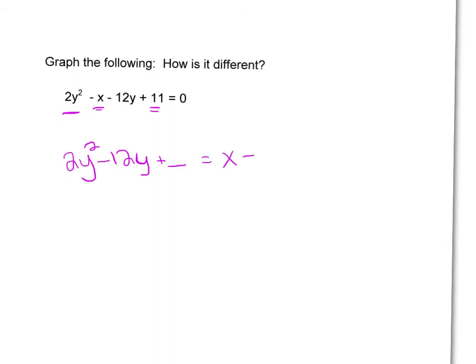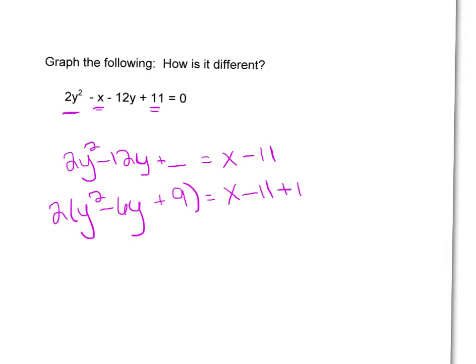So it will become positive x, negative 11. Factor out my 2, y squared minus 6y, plus half of 6 is 3, squared is 9. So now on the right-hand side, I'm adding 18, since 2 times 9 is 18. So I have 2 times y minus 3 squared equals x plus 7.